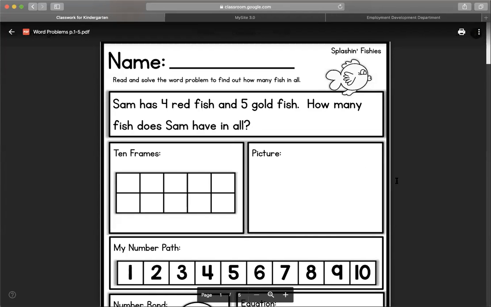Yeah. Okay, go ahead. Sam has 4 red fish and 5 goldfish.